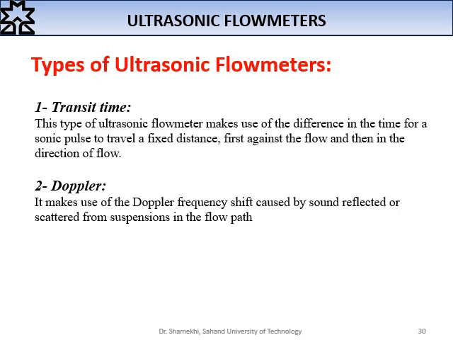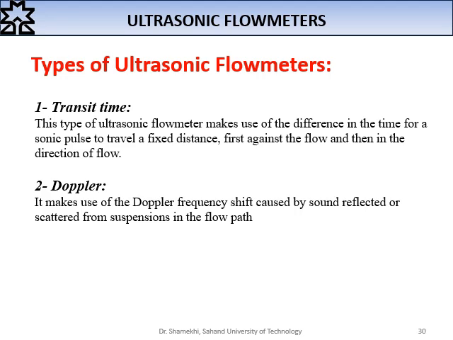Okay, two types of ultrasonic flow meters are available. The first one is transit time, and the second one is Doppler ultrasonic flow meters. Transit time is based on calculating the flow rate from the transit time between a pair of transducers.